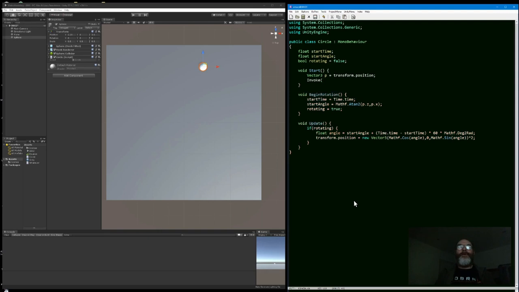Invoke begin rotation 1 second. Yeah, except this requires a string. It's hideous, the invoke function, but I'm going to just use it for now. Right.